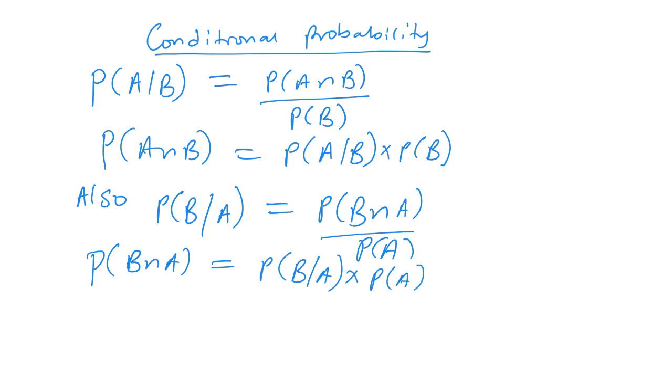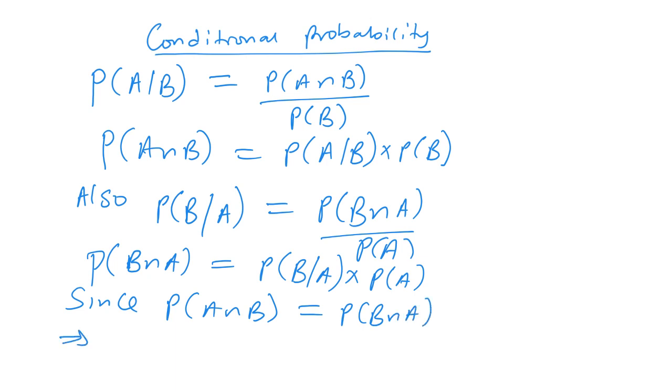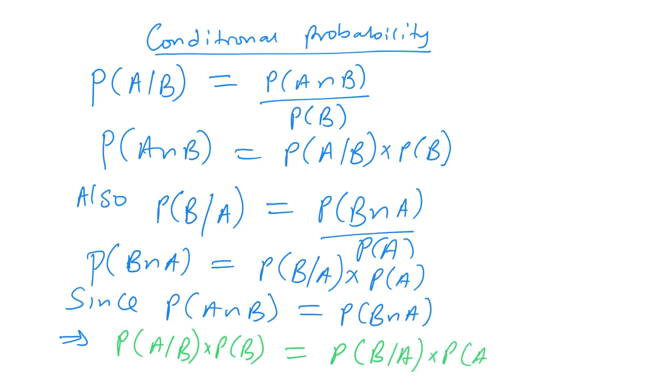We also know that since the probability of A intersection B is the same thing as the probability of B intersection A, we can conclude that the probability of A given B times the probability of B is the same thing as the probability of B given A times the probability of A, and either of these two will give you the intersection.